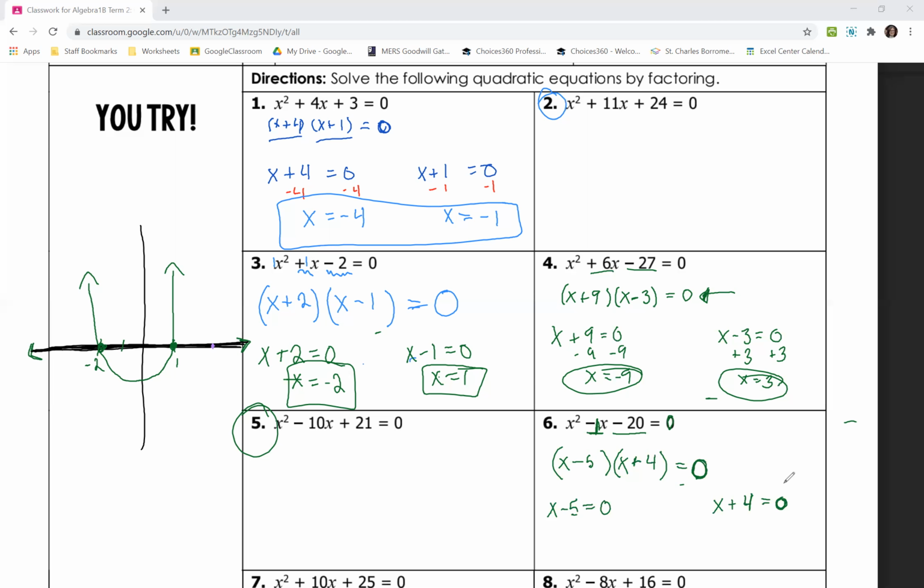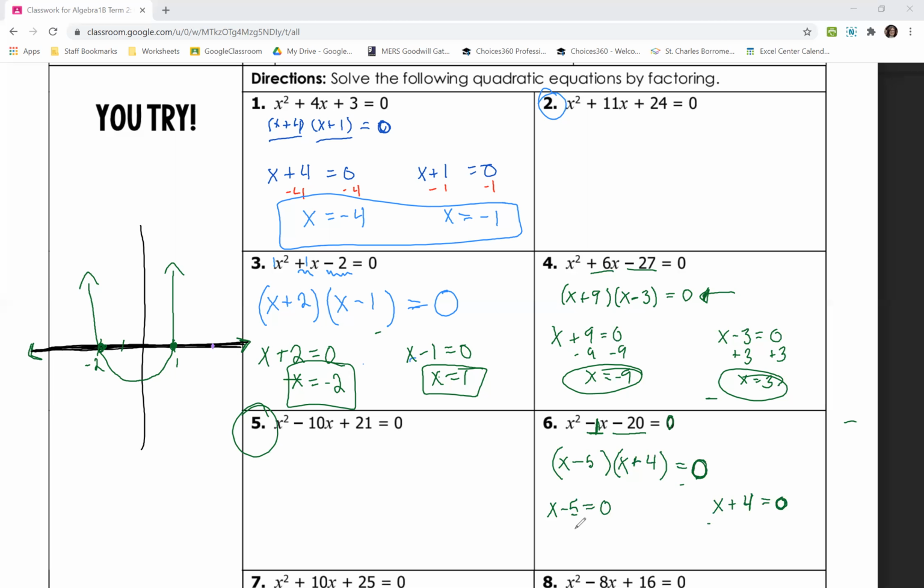So what we're really doing is manipulating our quadratic equation so we can analyze it and pull some information out by using that zero multiplication property and create these linear equations that we already know how to solve.